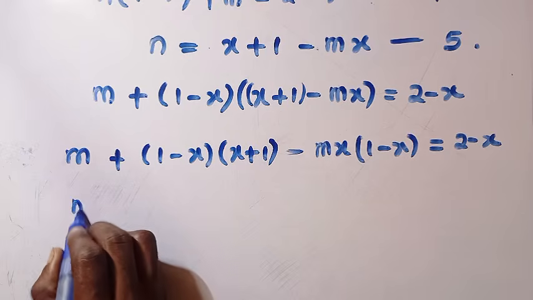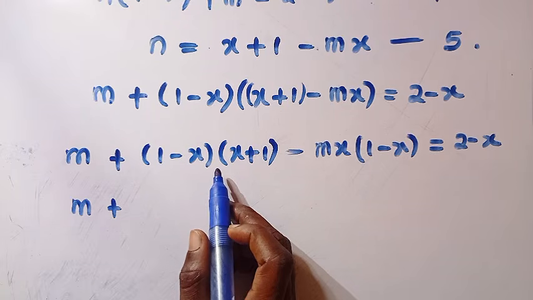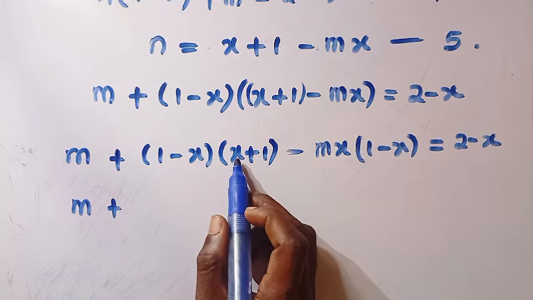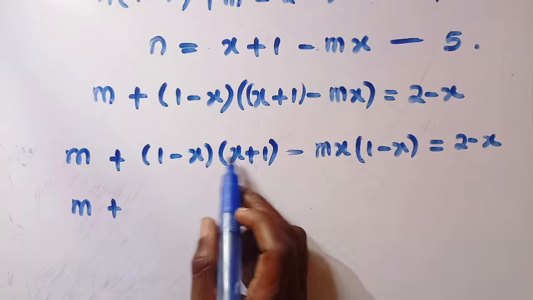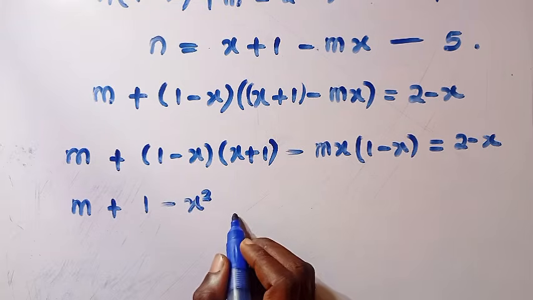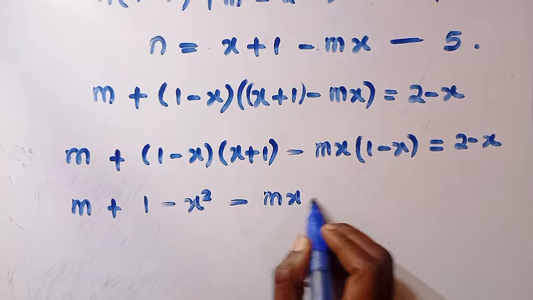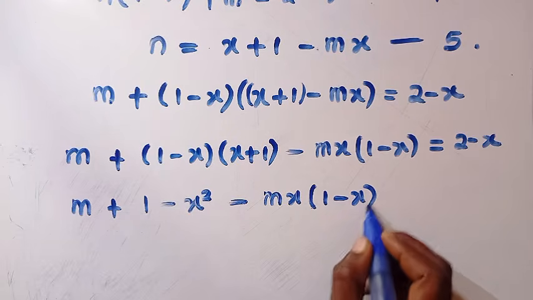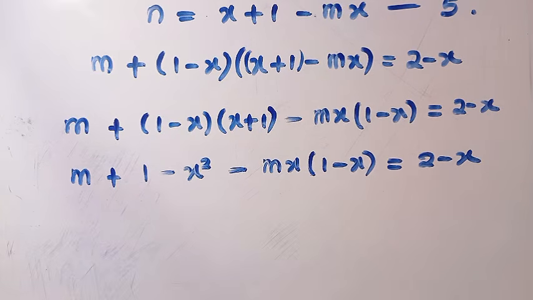So next we have m plus, this is a difference of two squares, so we can write this as 1 plus x. And we have 1 minus x multiplying 1 plus x. That gives us 1 minus x squared. Then minus mx into bracket of 1 minus x equals 2 minus x. So here we have m.